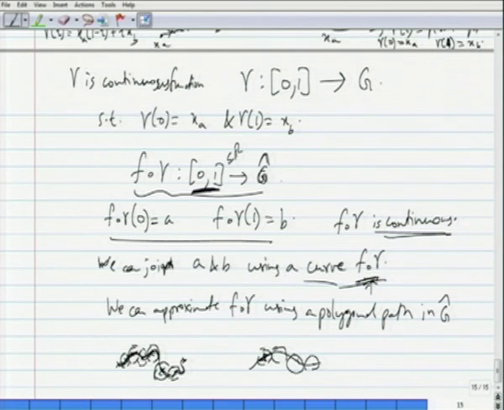You just pick a point here and then take the straight line, for example, connecting these 2 points. And then the next point will lie in the overlap of this ball and the next ball, and you can keep repeating this process. Okay. So, that is a polygonal path in G hat, and that completes this problem.